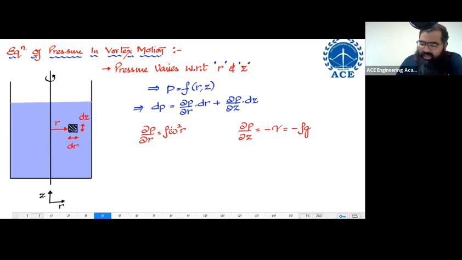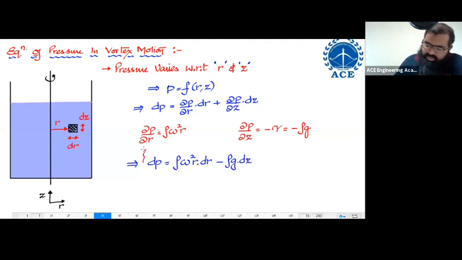If I have the value of dou P by dou R and dou P by dou Z, from here I can conclude dP equals rho omega square R times dR minus rho G times dZ.